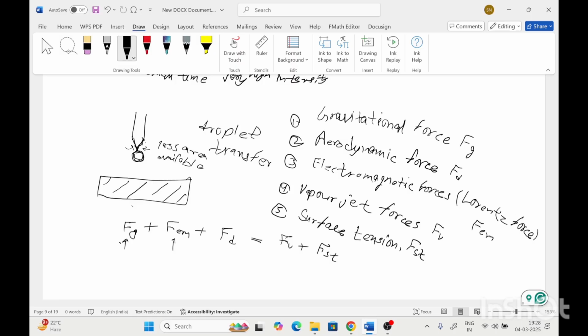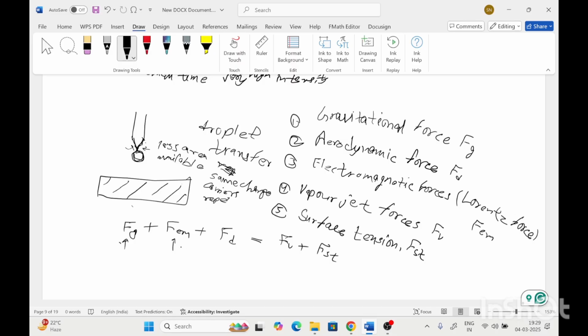Those charge carriers at one time will repel each other by a force, because same charge carriers repel each other. Because of that repulsion, a force will also apply on the droplet, which will lead to the drop down of this droplet.